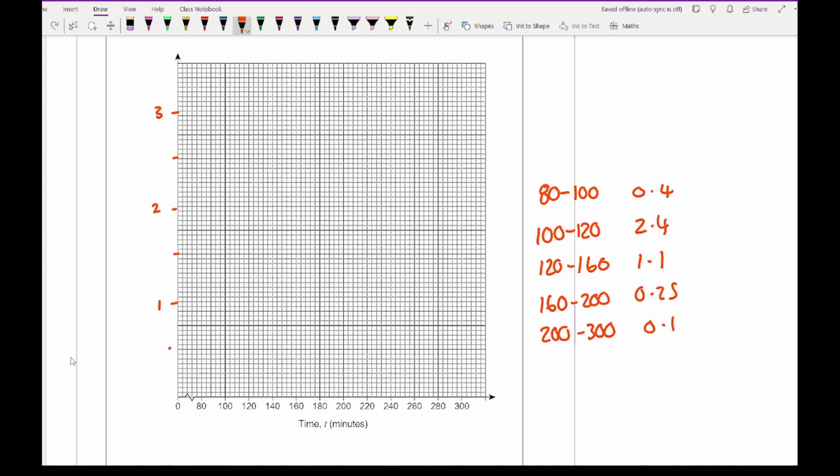So if you've used this scale, where every big one represents 0.5, then what we need to do is just plot this. This will be the biggest histogram you can fit in the scale, I would say. So from 80 to 120, let me try and plot this as correctly and accurately as I can, just to show a bit of good practice.